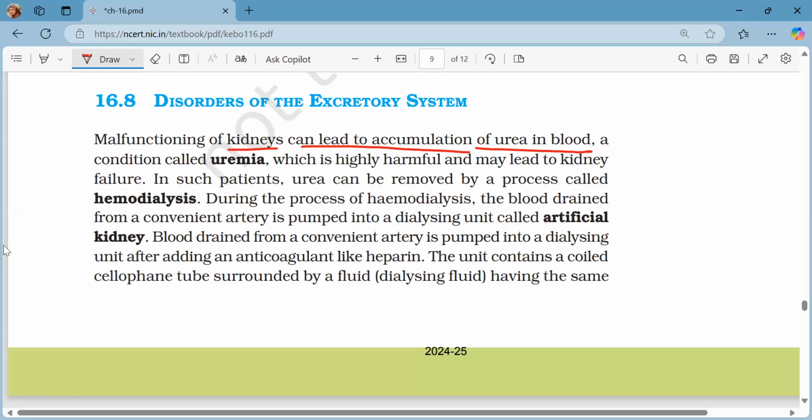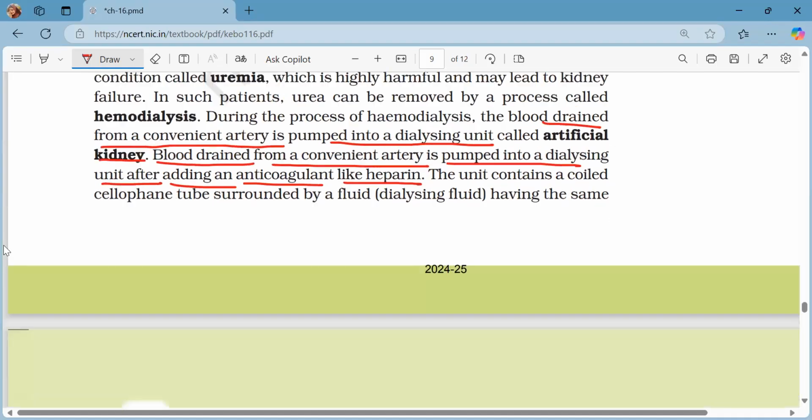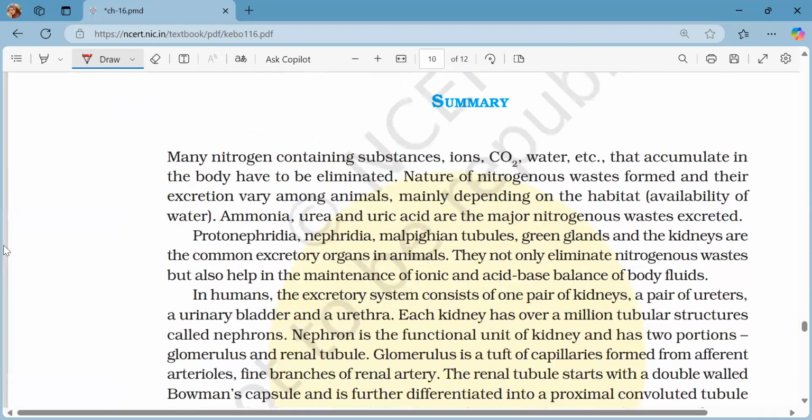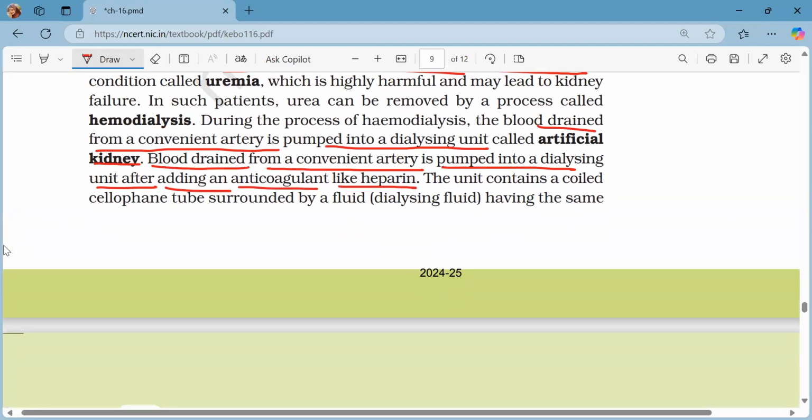During the process of hemodialysis, the blood is drained from a convenient artery. It's pumped into a dialyzing unit called an artificial kidney, after adding an anticoagulant like heparin. Now, in the dialyzing unit, there is an apparatus wherein the dialyzing fluid contains everything except nitrogenous waste.